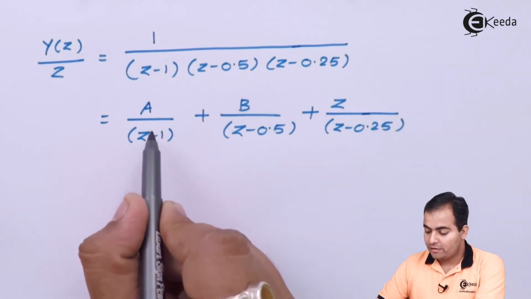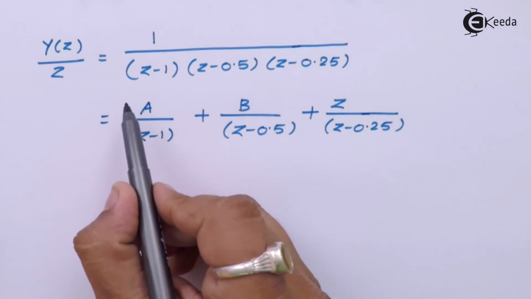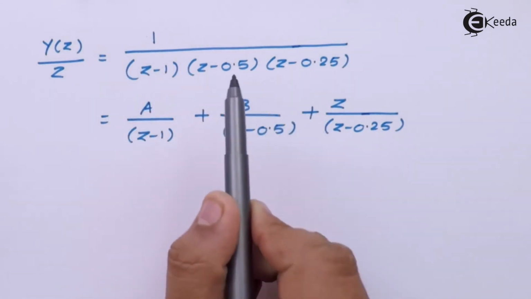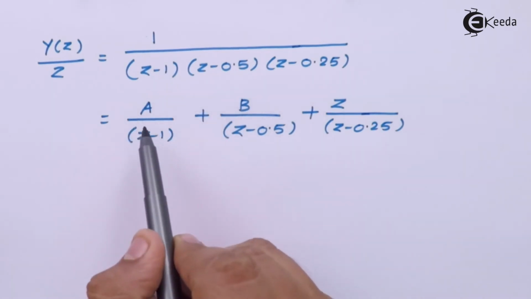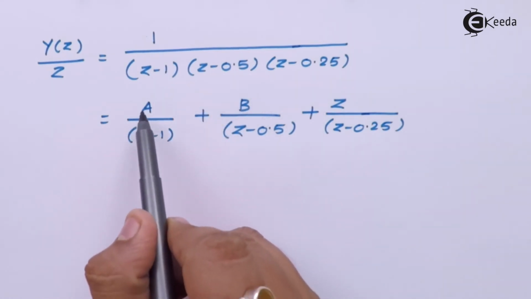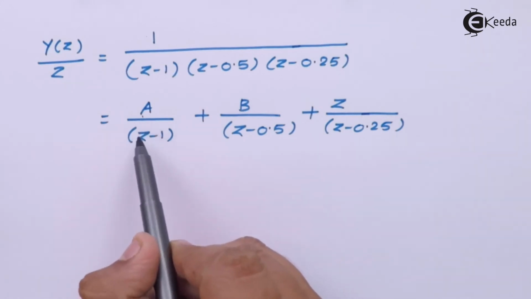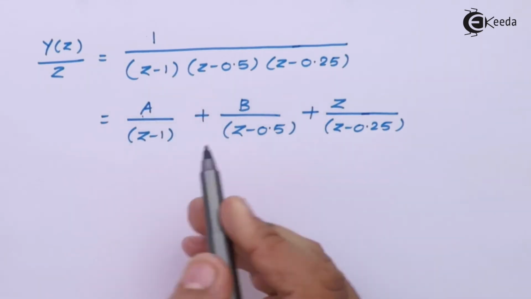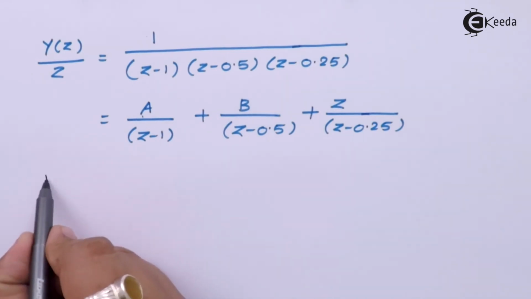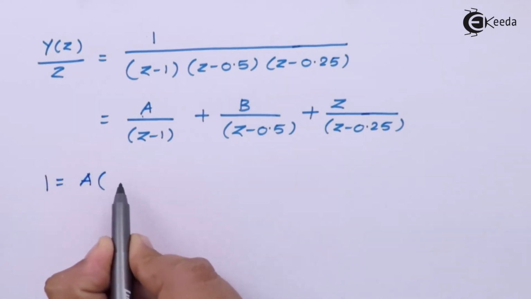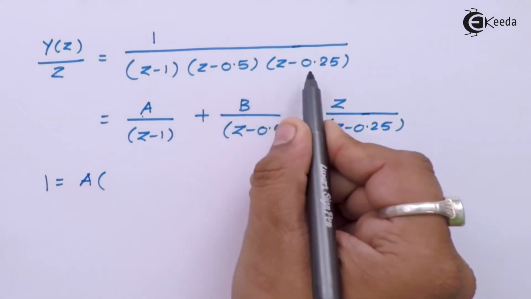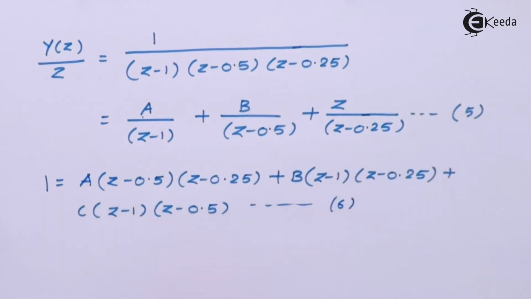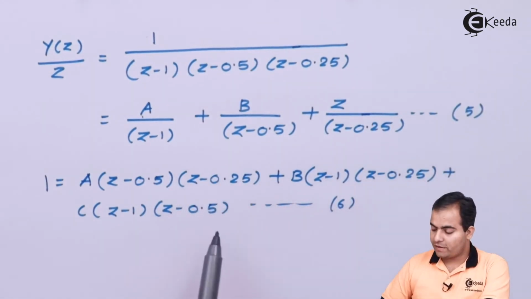Now if we multiply the whole term with a, then the similar term will get cancelled, and only the remaining terms will be multiplied with a. So I'm doing the same thing, I'm just writing the different terms which are multiplied with a. So this will be nothing but my equation number 5, and this one is 6.